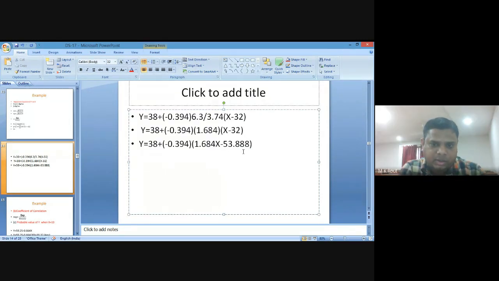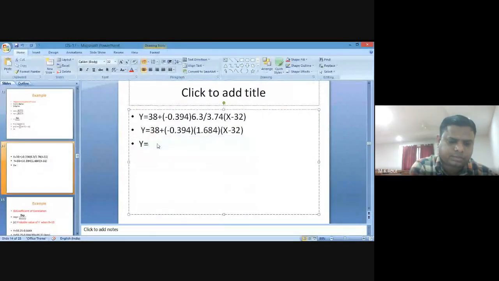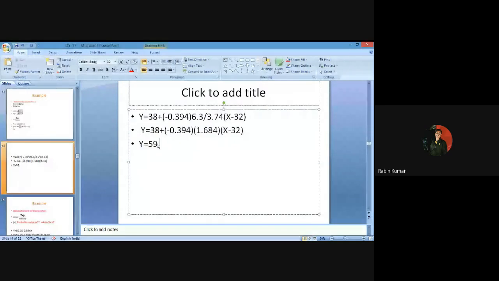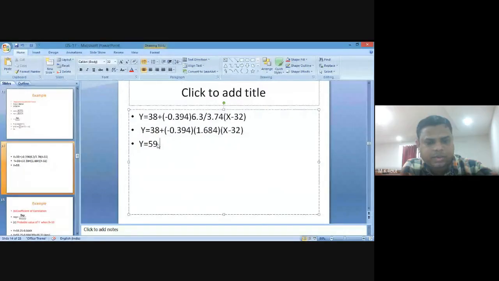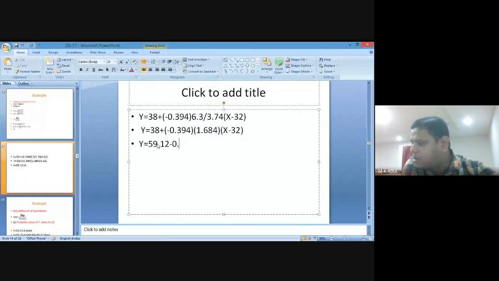Okay, what is the final equation? 38 plus minus 1.68 gives 91.76 minus 1.68x. Just a minute. The answer is 59.12 minus 0.66x. We got the second regression equation, that is y on x.